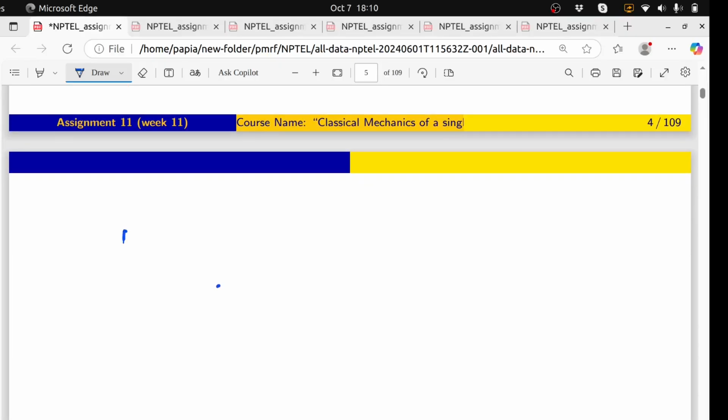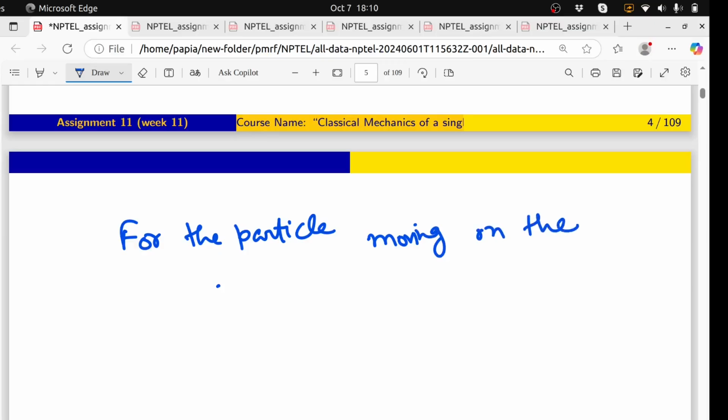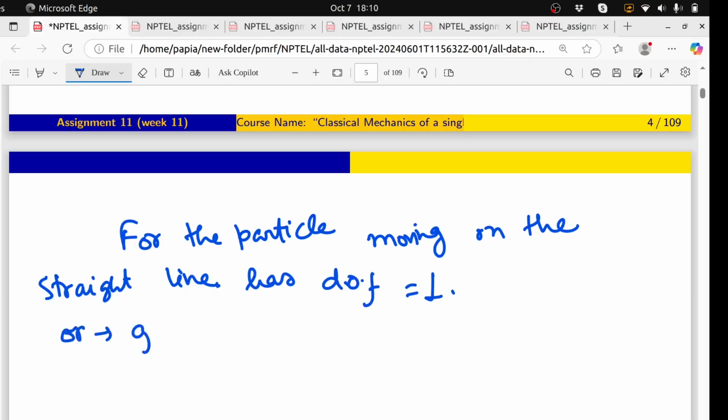So a particle moving on a straight line has DOF 1, or you can say the generalized coordinate is 1.